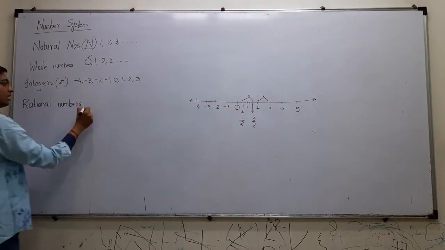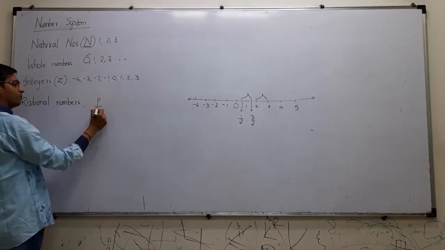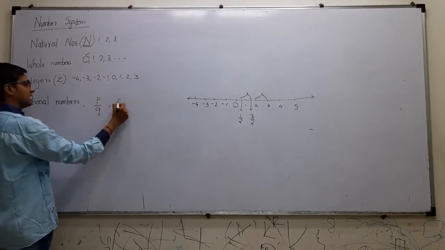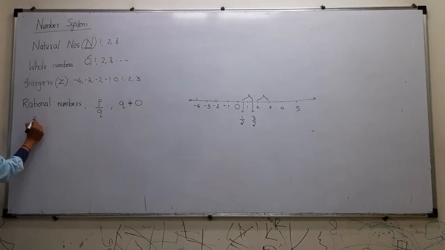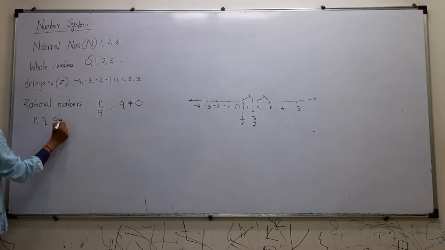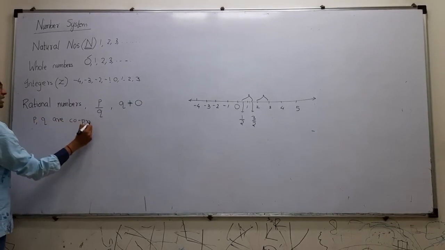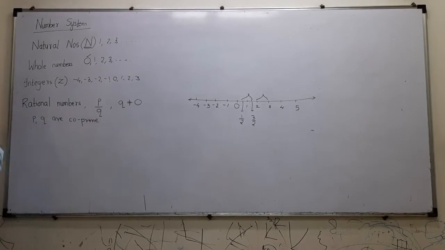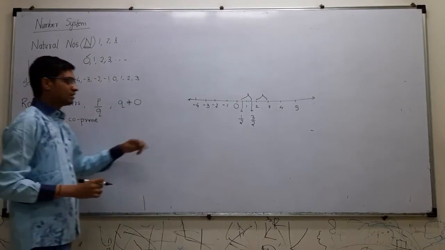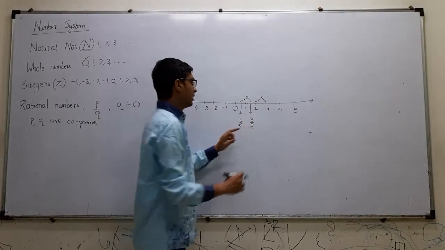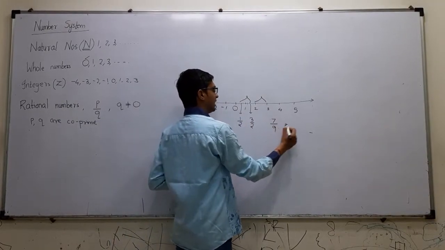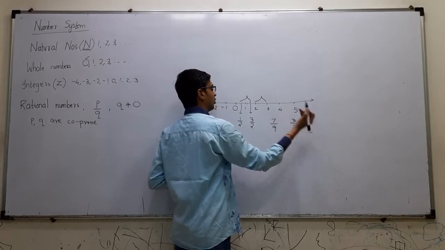So what is a rational number? A number in the form of p upon q such that the denominator is never 0 and p and q are co-prime. Co-prime means there should not be any common factor between p and q. You can see half, nothing is common between 1 and 2; 3 by 2, then 7 by 9, 3 by 7 and so on.